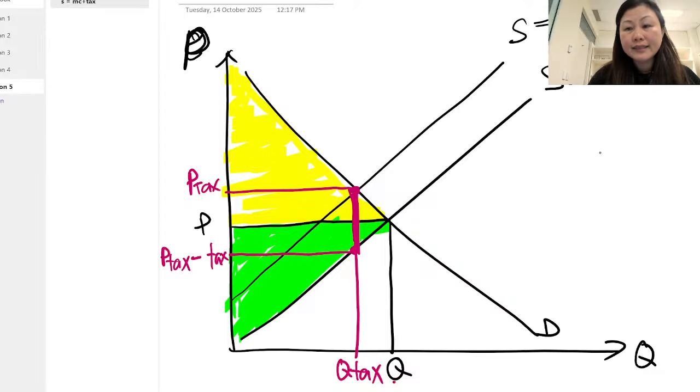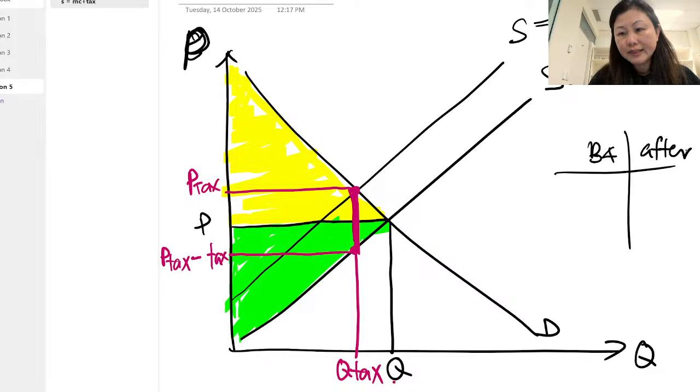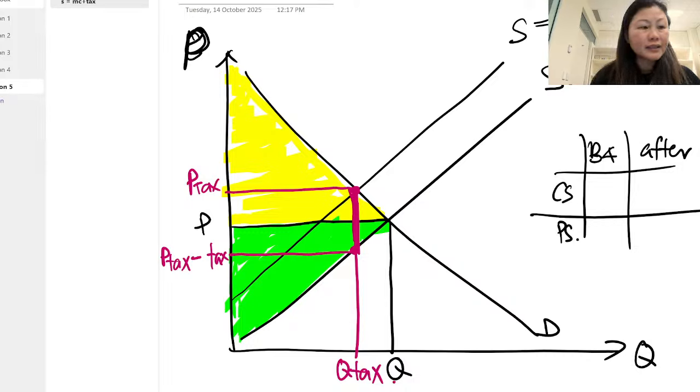So when we draw out the table and we say before and after, consumer surplus, producer surplus, and we're going to label it A, B, C, D, E, F. Okay.